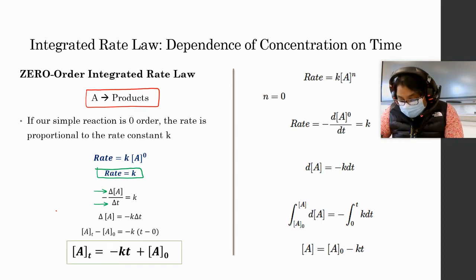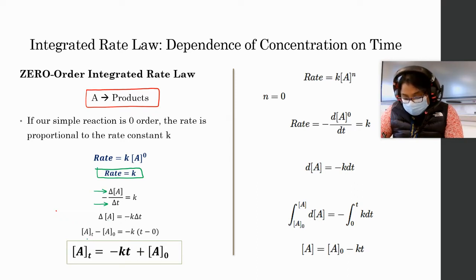Then you can isolate the change in the concentration of A by rearranging these variables, so that the change in the concentration of A is equal to negative k times delta t. Now let's talk about what delta concentration of A actually is.